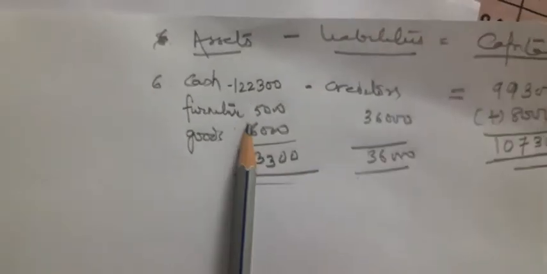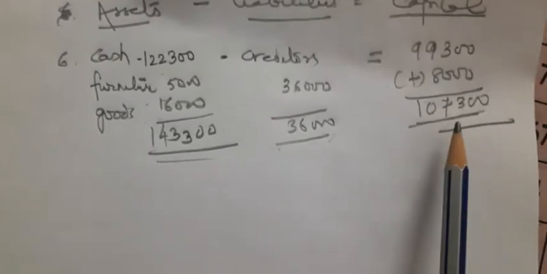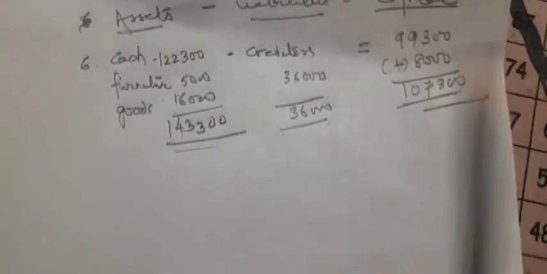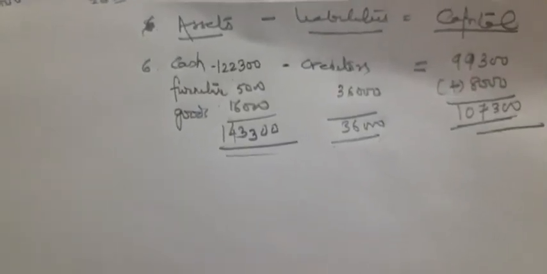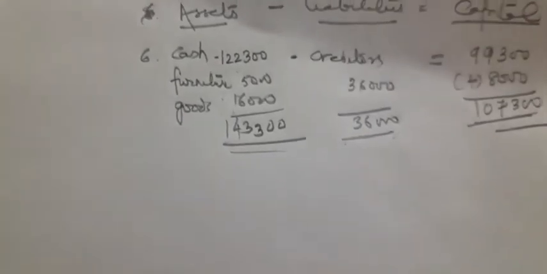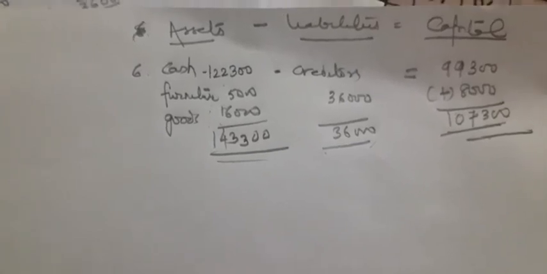So assets minus liability is equal to capital, 1,43,300 minus 36,000 is equal to 1,07,300 rupees. Again, left hand side is equal to right hand side. That means the accounting equation has been fulfilled. That means we are following the rules of double entry system. There we are following the dual aspect concept.